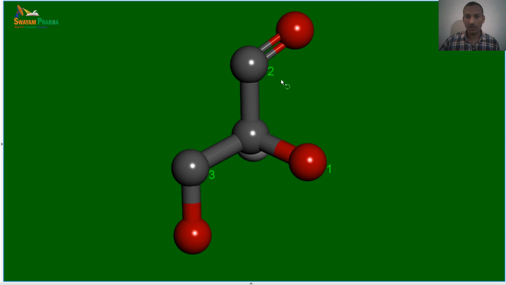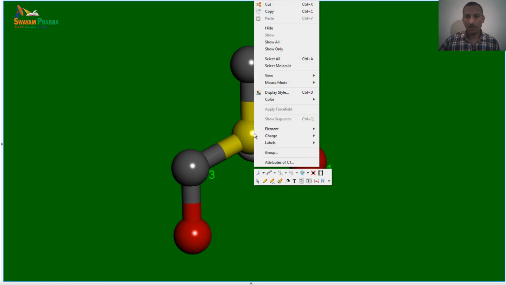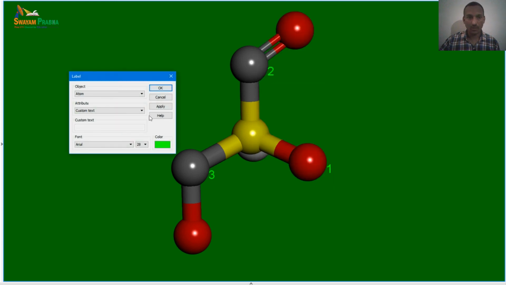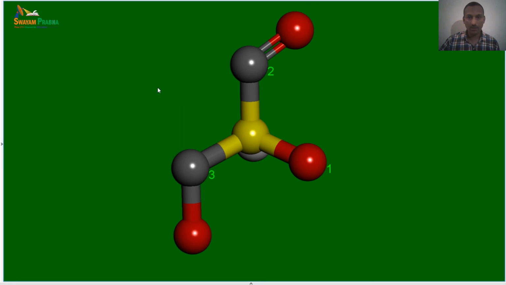Going from 1 to 3, the direction is counterclockwise. So this is the S isomer. If I give the stereo assignment to this one directly, you can see the software can actually give the stereo assignment. I just put the chirality here and say OK.